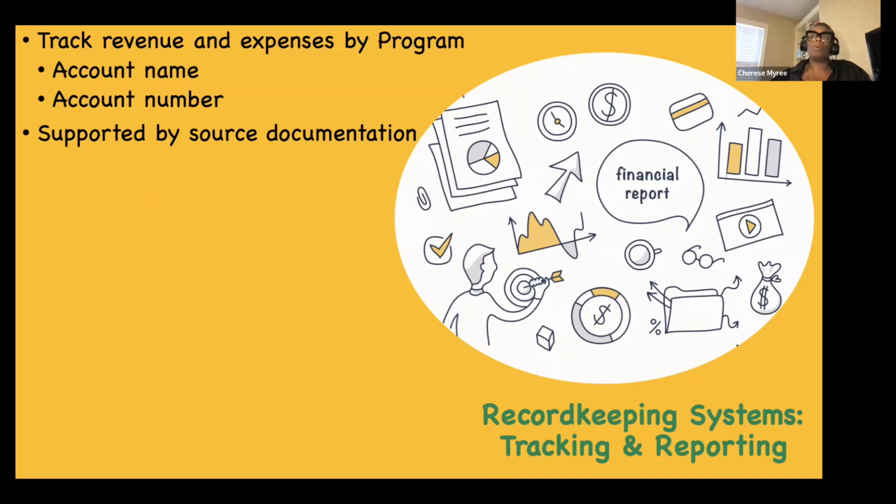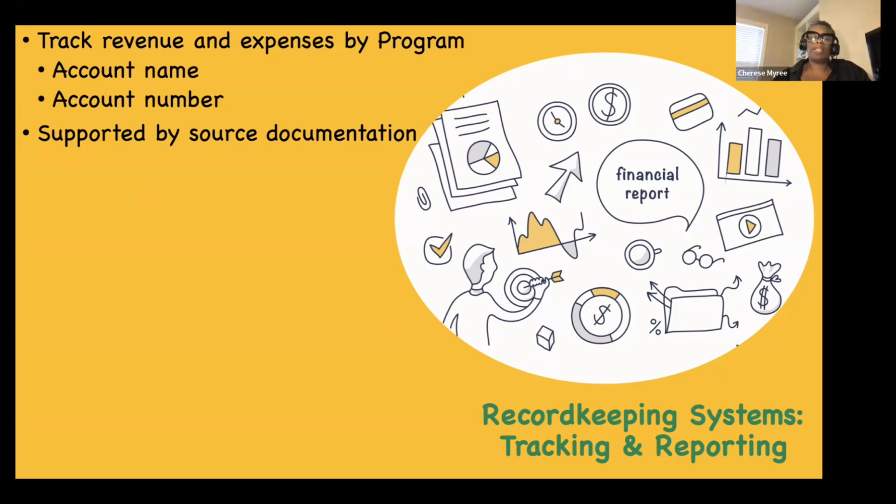And maybe the sub accounts for that program would tie to the pre-K reconciliation. So when you're printing your information from the accounting system, it would tie directly to the pre-K reconciliation. Even if you use different numbers or account names, you should know from your own accounting system which accounts correlate to which line items on the pre-K reconciliation.